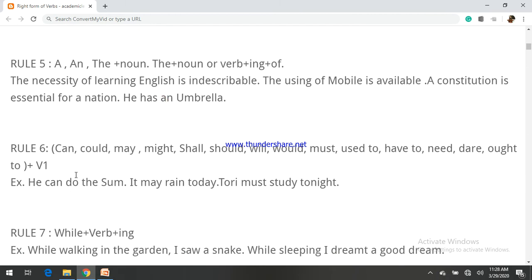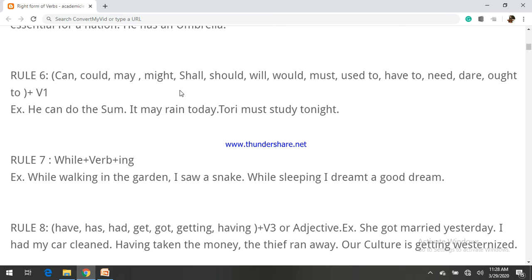Then rule 6: can, could, may, might, shall, should, will, would, must, used to. These are modal auxiliaries, modal verbs. And after these modal verbs you have to use the verb 1 form. Let's see, after the word can: he can do the sum. After can there is do, that means do is the main verb or V1.